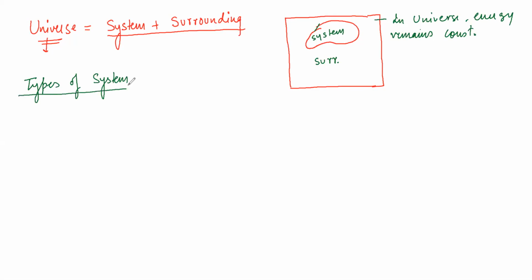In this particular topic, I'll just write there are three types of a system. First one is your closed system. Second one is your open system. And third one is your isolated system, right? So let's draw in this one.